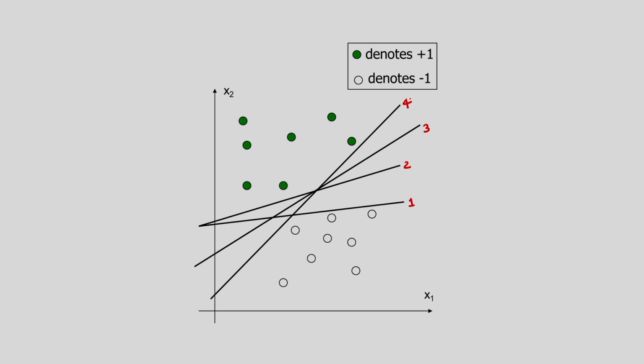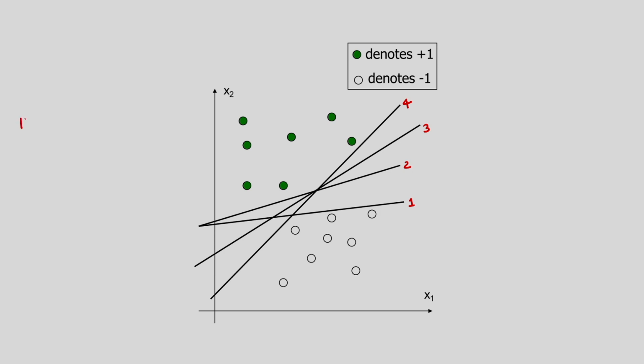Like this I can consider an infinite number of decision boundaries, and out of these I have to determine which one is the best decision boundary, so that my error rate is minimum.